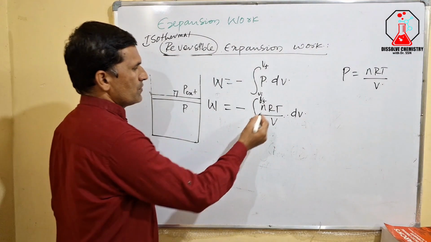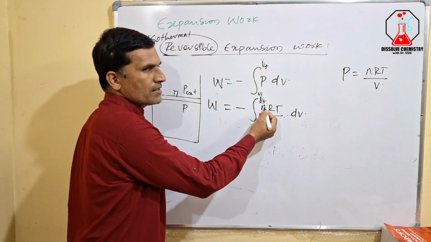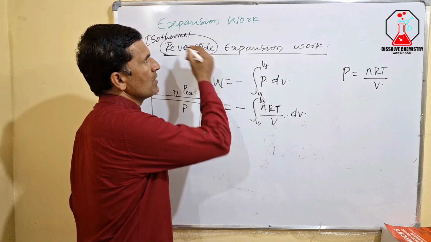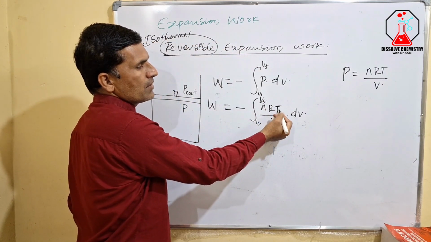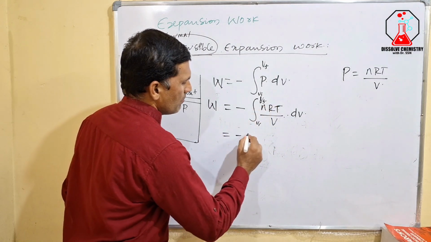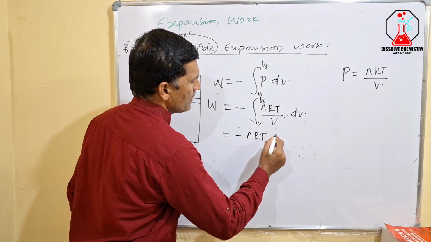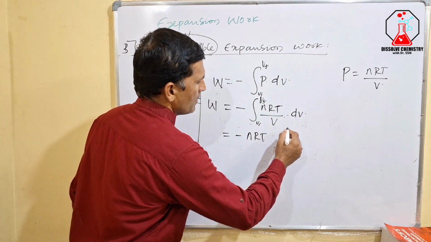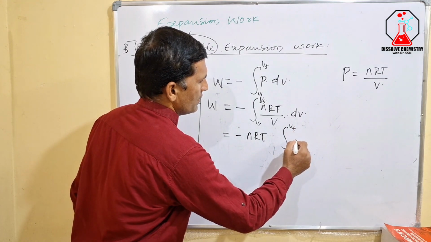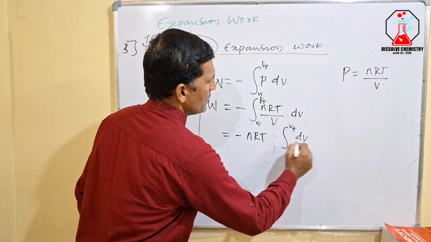Now n is number of moles, R is gas constant, T is temperature. As it is isothermal, temperature remains constant. All three constants let us take out: minus nRT times the integration of dV by V under the limits V initial, V final.